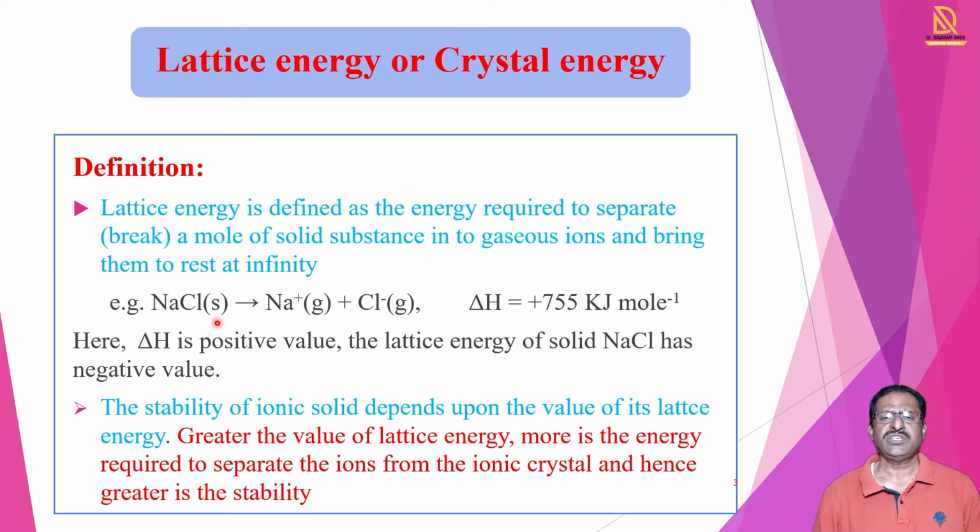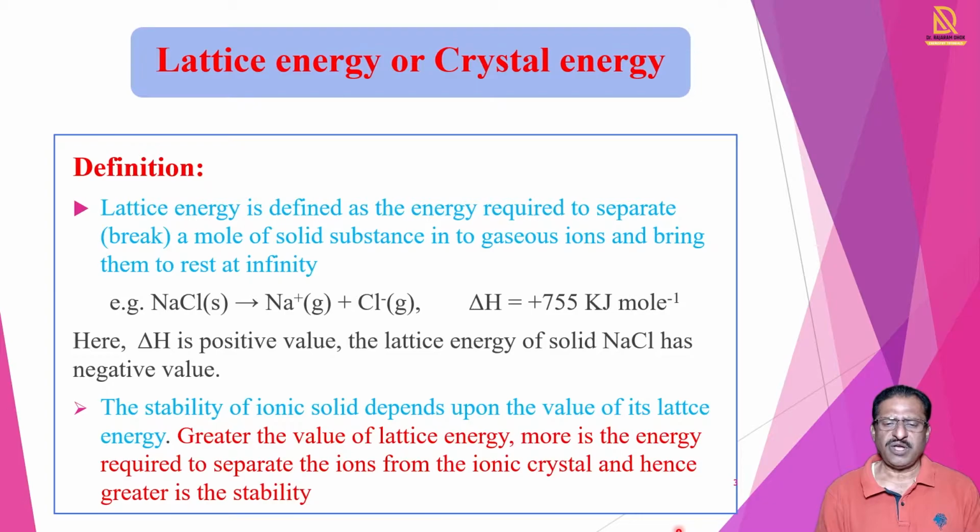When NaCl is broken, it gives Na plus gas and Cl minus gas. At that time delta H is plus 755 kilojoule mole raised to minus 1. So this energy is opposite to the combination of Na plus and Cl minus. Here delta H is a positive value, and this lattice energy of solid NaCl has a positive sign, means it is an endothermic reaction.